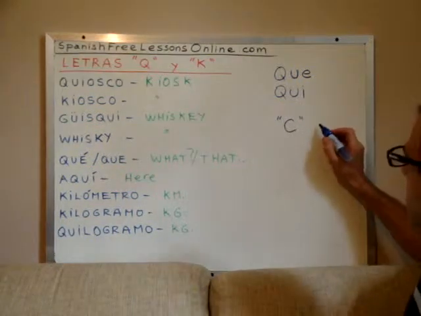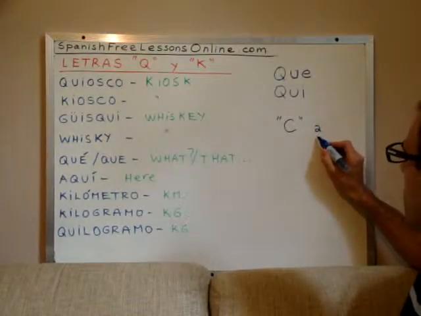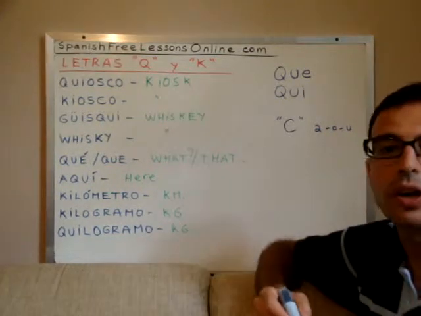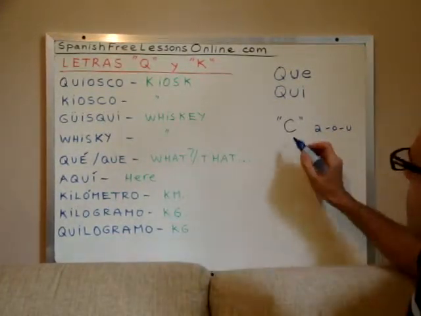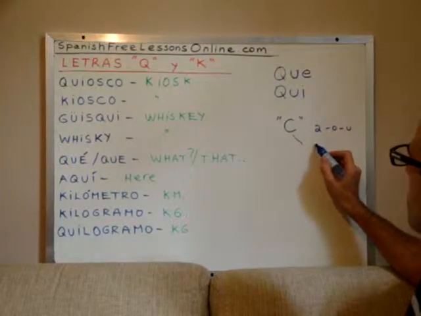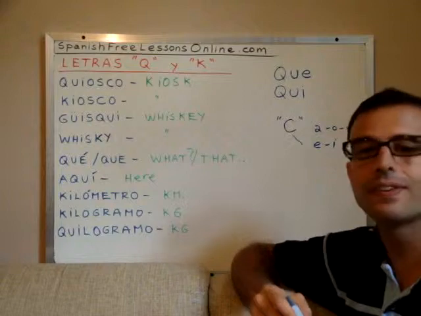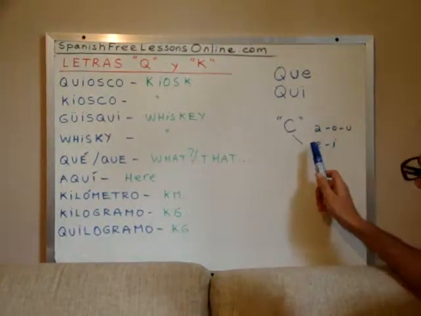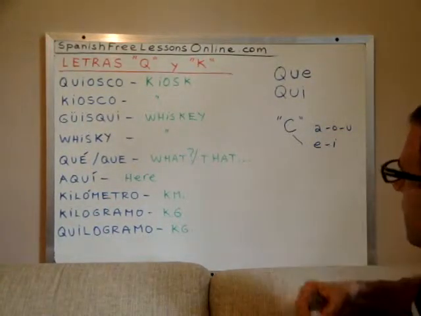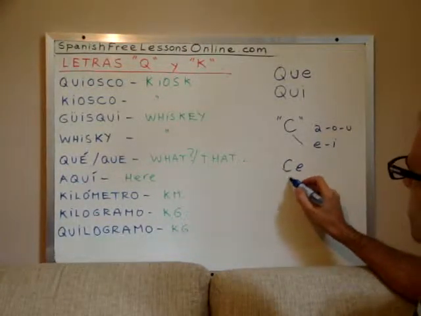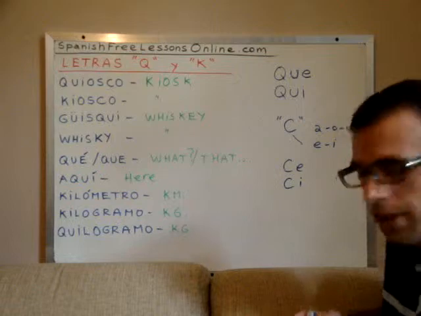So when letter C is followed by A, O, or U, it has the K sound. When letter C is followed by letters E or I, it has an S sound, okay? So, in Spanish, this would be read se and this would be read si, right?